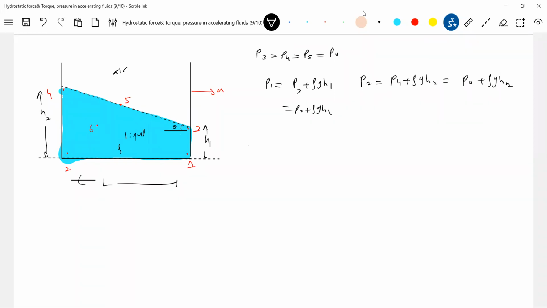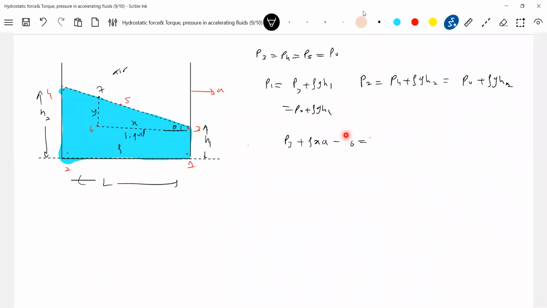What about the pressure at 6? I can write in several ways. Pressure at 6, we can write it as P3 minus rho x a minus P6 equal to 0.